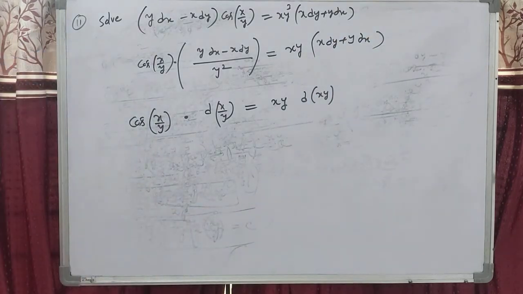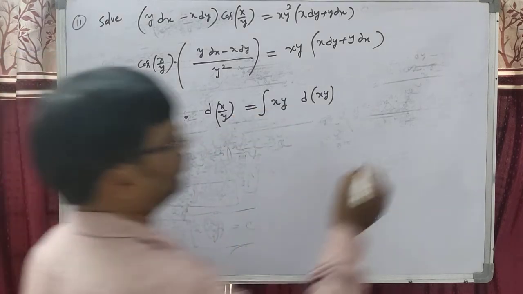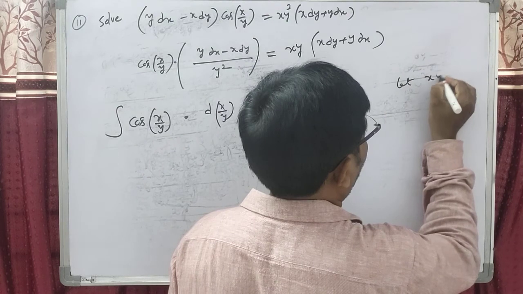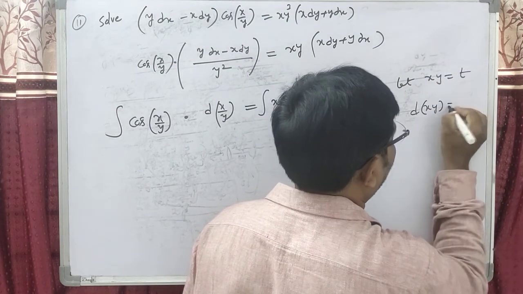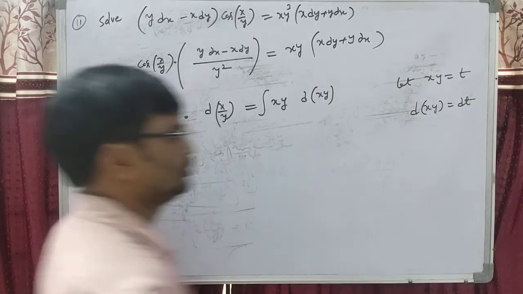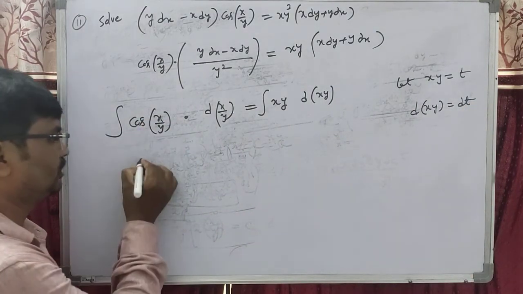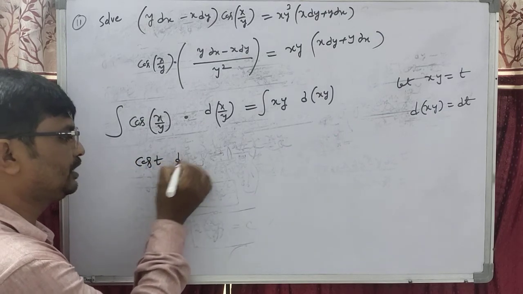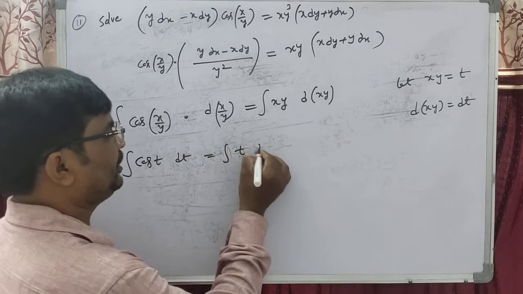My dear students, when you apply the integrals on both sides, let xy equal to t, so the derivative of xy equals dt. This is cos t dt.